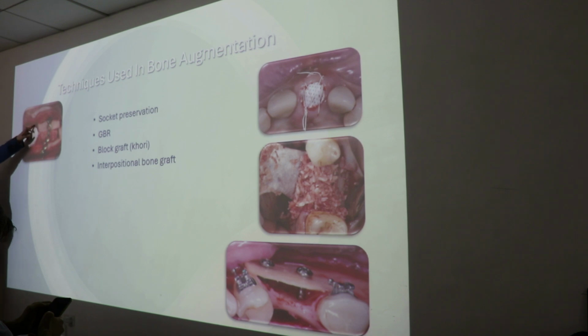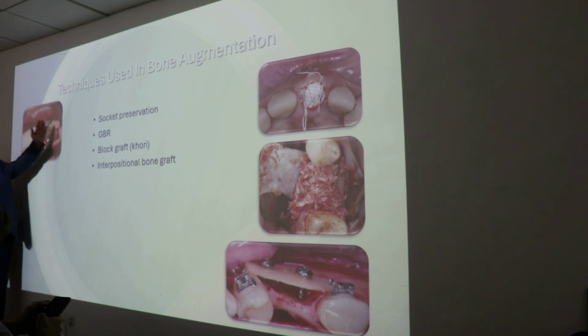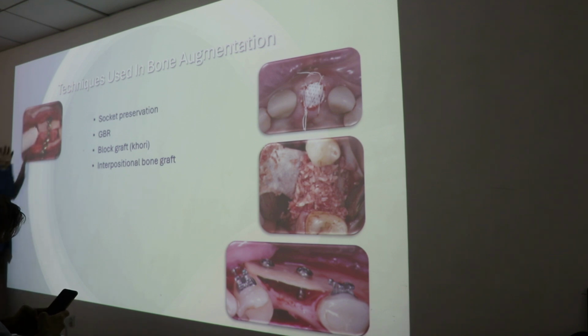You can make segments, cutting horizontally and vertically, so these segments will be separated. Keep it attached to the mucosa. Move it up, fixate it with a microplate, or a mini plate if the defect is big, and then fill the gap with bone. This is the most predictable technique with the least resorption.